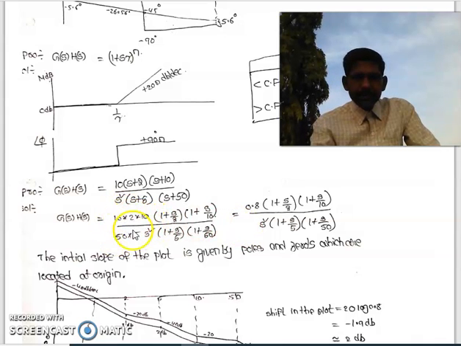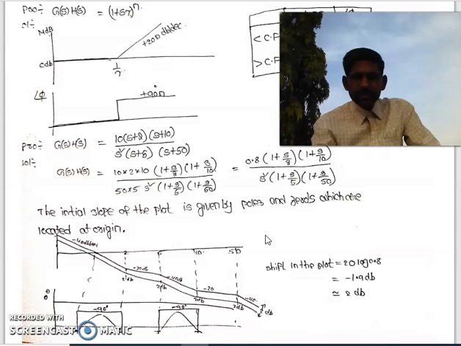Now if you simplify this, the magnitude will be 0.8 like this. The initial slope of the plot is given by poles and zeros which are located at origin. What should be the initial slope? Here how many poles are there? 2 poles are there at origin. How many zeros are there at origin? There are no zeros at origin.